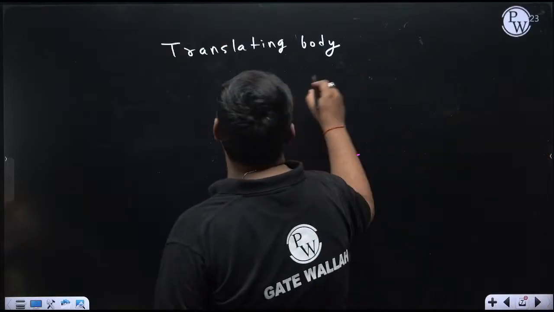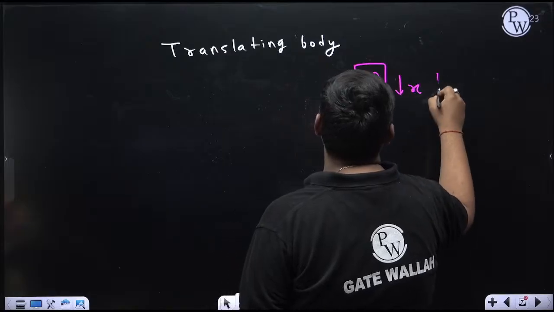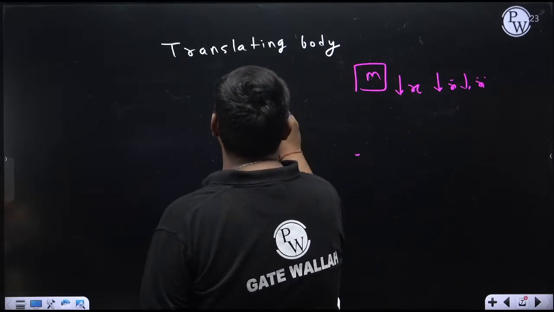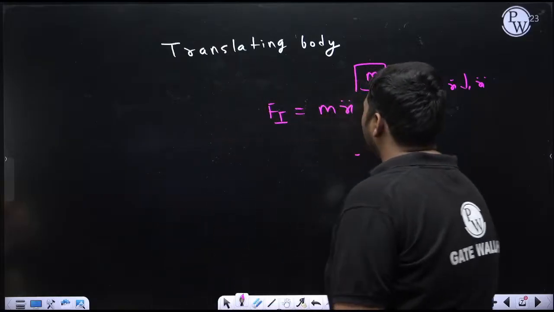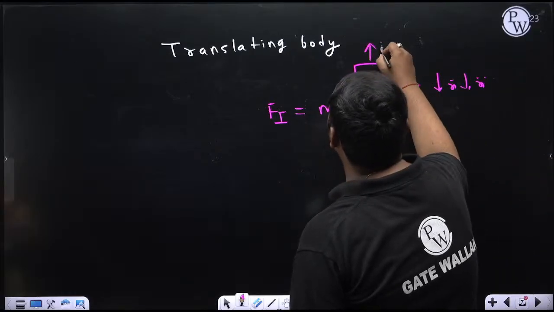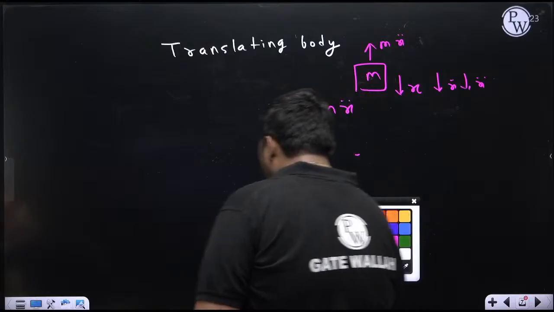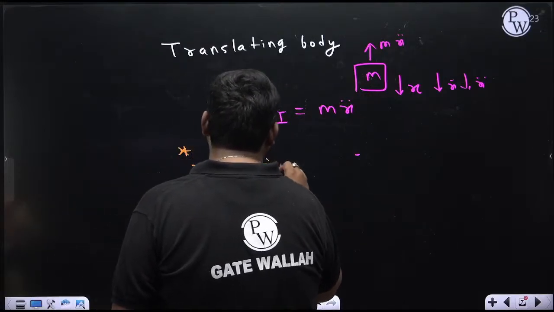Suppose the mass of that translating body is m and it is displaced from the mean position by x, so velocity will be x dot and acceleration will be x double dot. For inertial force I am using Fi, and it will be m x double dot. Its direction will be opposite to x double dot; like x double dot is downward, so it will be upward. Very simple.